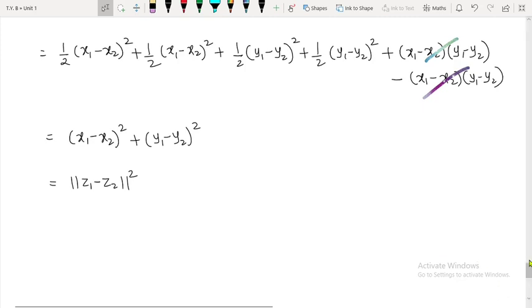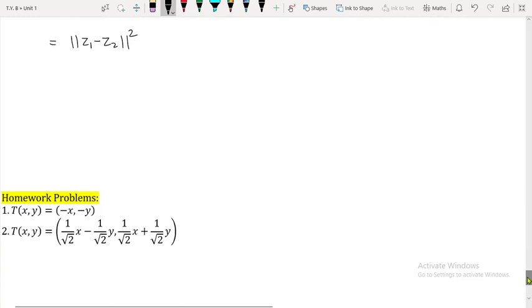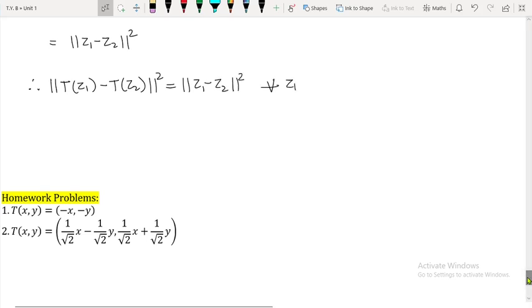Therefore what we have proved, in other words, norm of t of z1 minus t of z2 whole square will be equal to norm of z1 minus z2 whole square for all z1 z2 belonging to R2. Now let us take positive square roots.